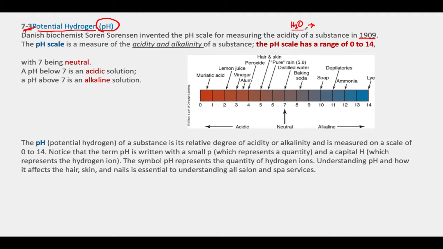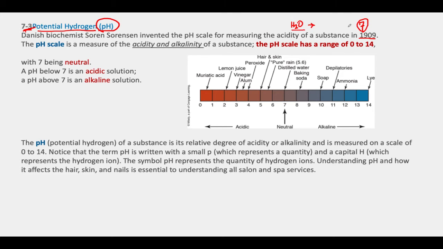Considering water as neutral, you do a comparison with water, and the water neutrality is measured at 7. Why it is measured at 7 requires a more in-depth understanding of pH, but you have a certain amount of ionization that happens in water, and if you measure that, it's measured at 7.